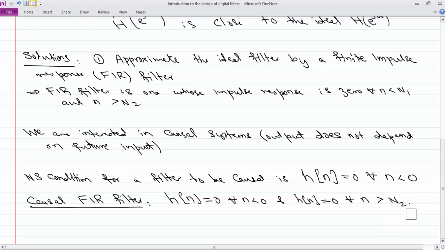Let's just replace n2 by capital N minus 1, and then this will be called a length N FIR filter. So often people will say I have a length 256 FIR filter, which means that the impulse response of the filter is 0 beyond n equal to 255.